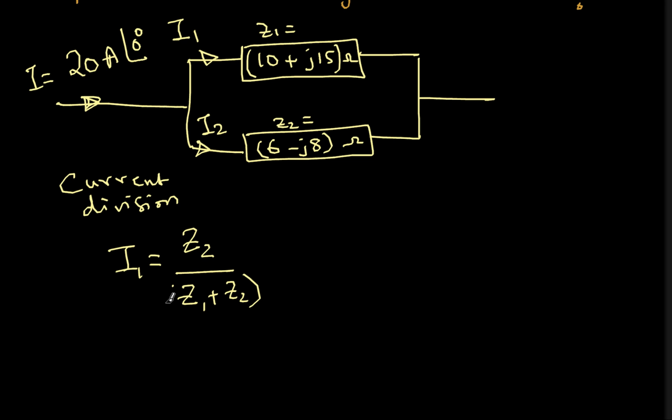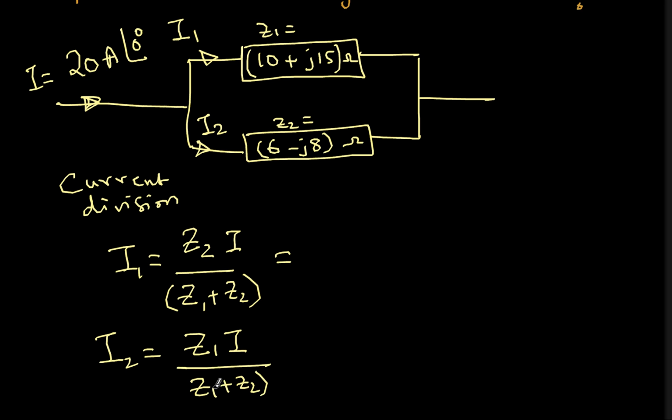So this fraction I'll multiply with the total current I, then I'll get I1. Similarly, what is I2? I2 will be Z1, that is, to find this current I take the opposite branch, into I divided by Z1 plus Z2. So if I do this current division principle, then I can get the two currents that are flowing there.